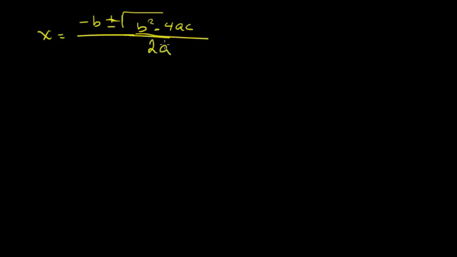This is the formula. We can solve any quadratic equation by using this formula. It's very handy. Sometimes you can't solve a quadratic equation through factorization, so in that case, you need to use this formula to solve it.